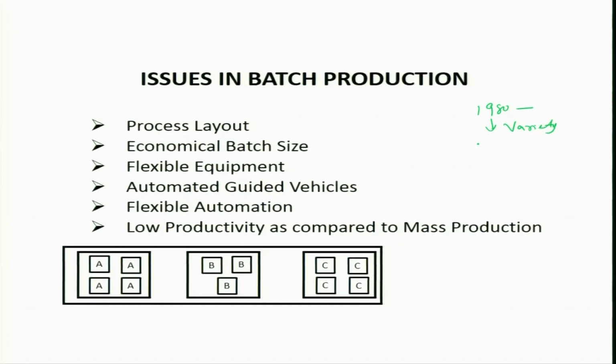the batch production system becomes more and more popular and useful, and this is where the need for supply chain management and other JIT manufacturing systems and lean manufacturing systems started. You will find in our curriculum in India, we are teaching or studying supply chain management only after 2000.